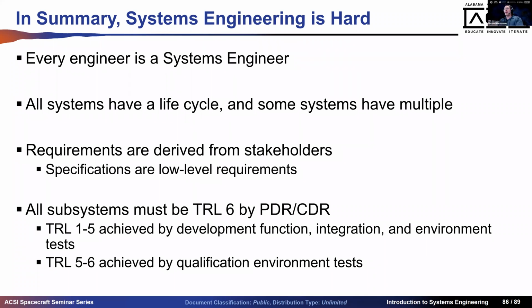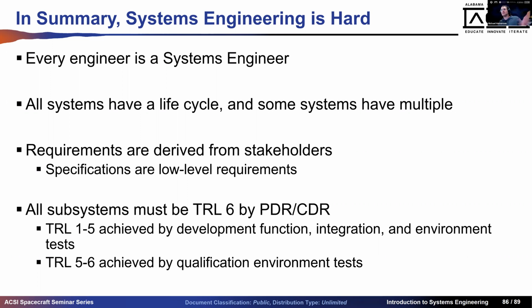Every system has a life cycle. Some systems have multiple. That life cycle is usually defined by your domain, because you're not going to have one software that has a significantly different life cycle than another software. So domain is a good place to start there. Requirements are ultimately derived from stakeholders. You figure out their needs.